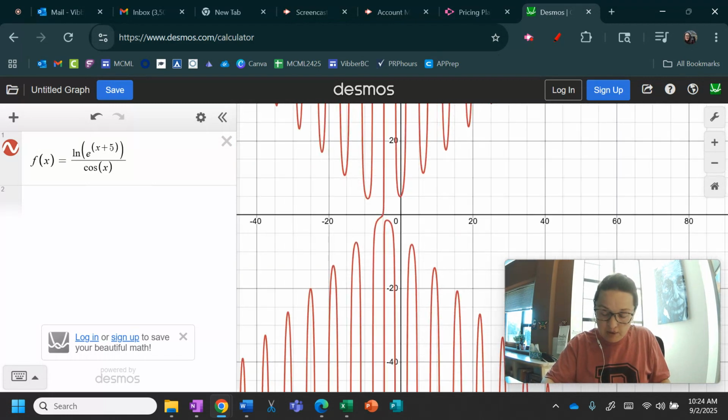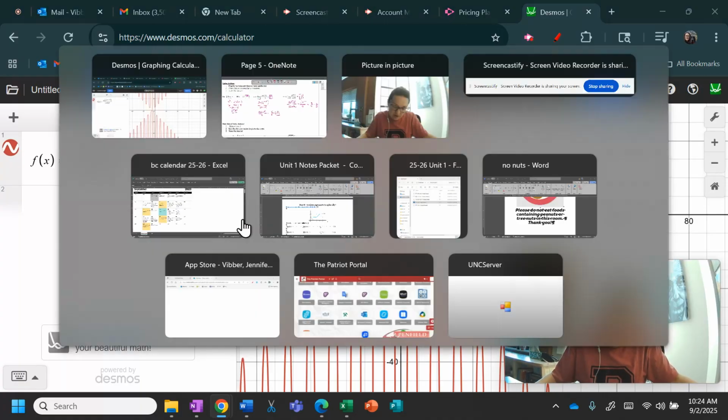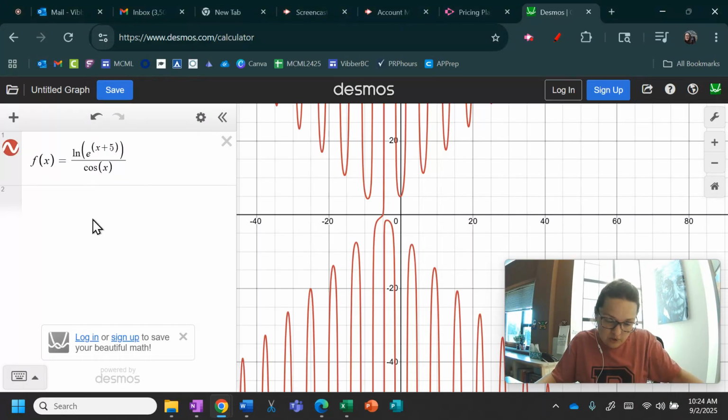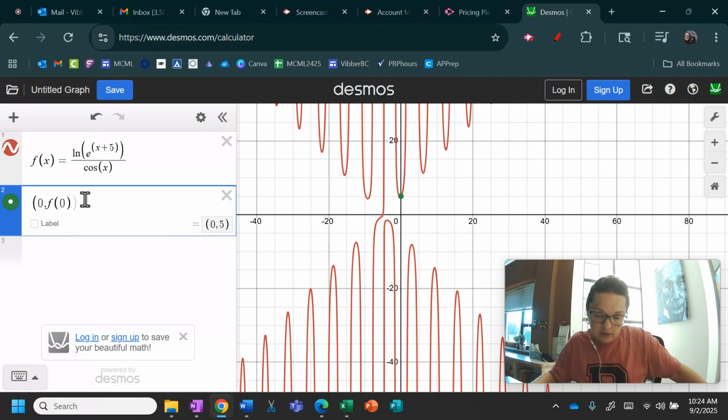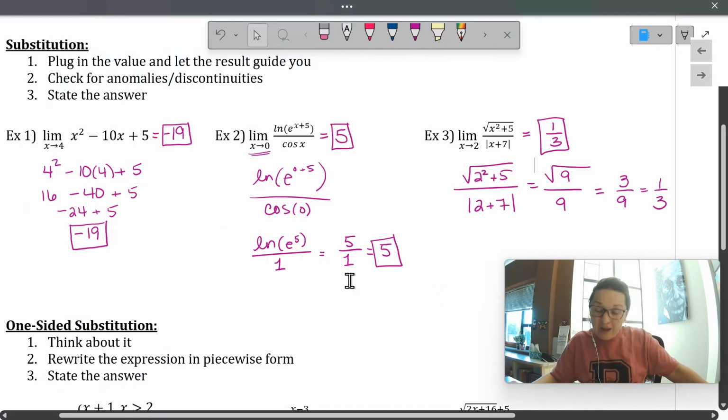Whoa, that's just cool, right? So that's where that thing is headed, and we wanted to know what was going on near 0. So I'm going to type f of 0 into there, and it says we're going toward 5. Is that what we got? Hey, that's what we got.